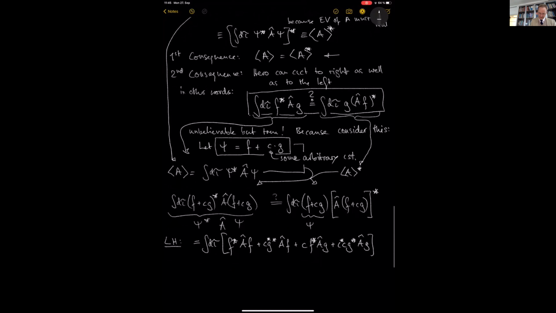Now, this is what's happening on the left-hand part and what's happening on the right-hand part.